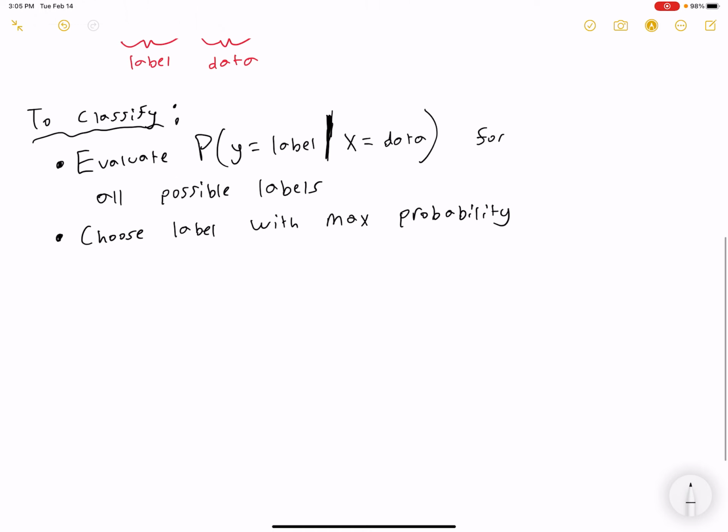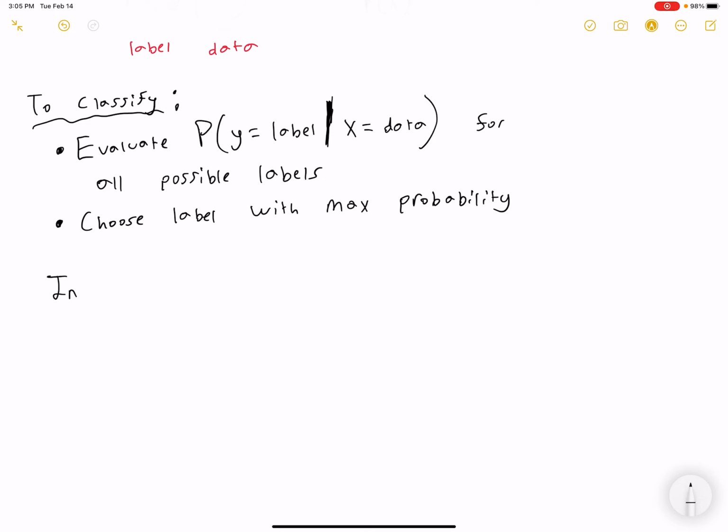And then we noted that in practice, the probability of x denominator doesn't make a difference. So we don't bother calculating it.